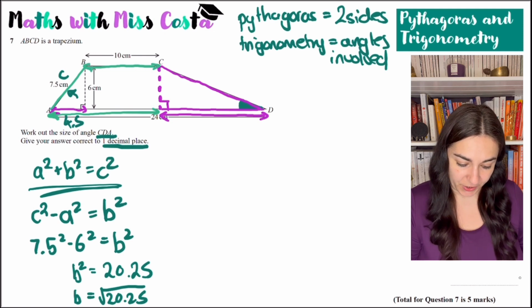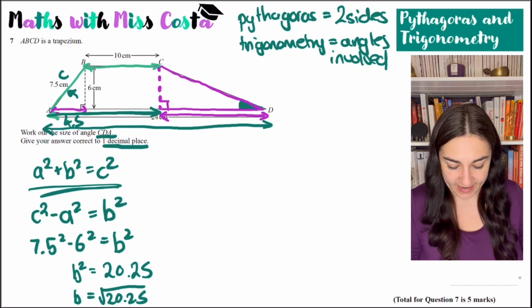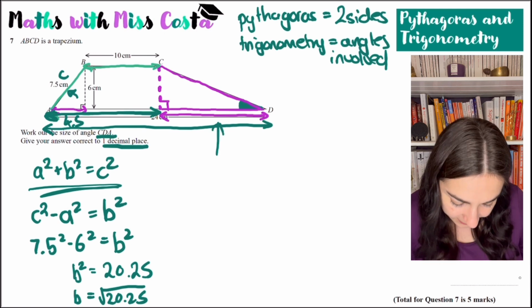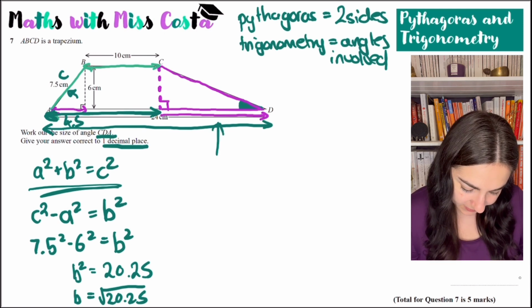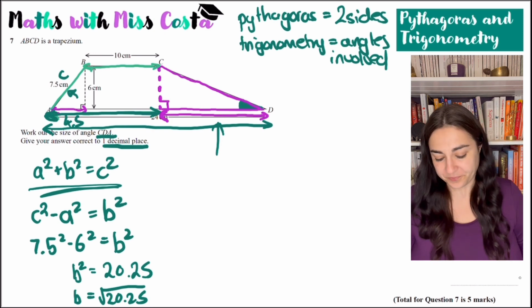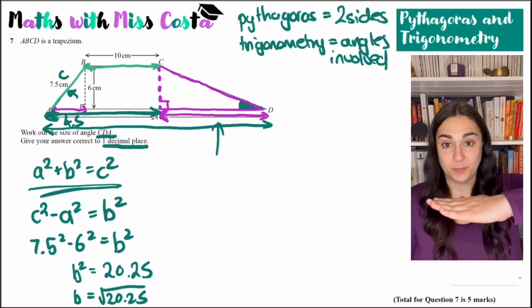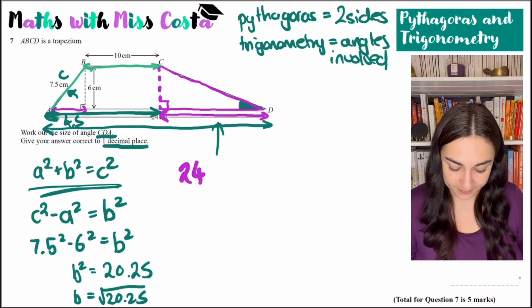Okay, so if I know the total length here and I subtract this length, I would be given the length here. Once again, they haven't labelled everything, but it doesn't matter. I'd work out that length here. So the total length of the bottom of the trapezium is 24 centimetres.